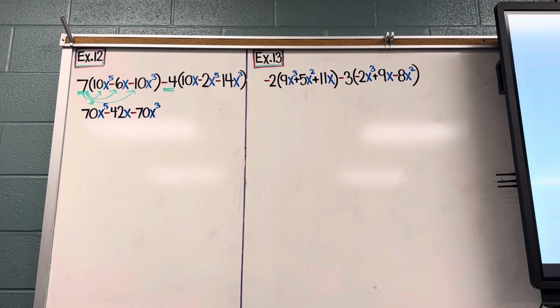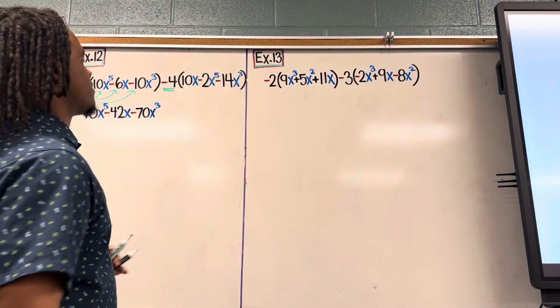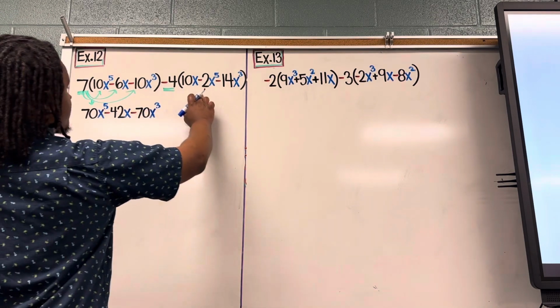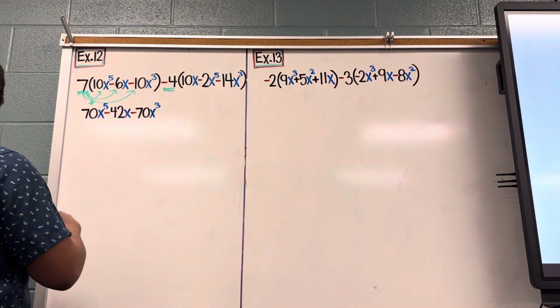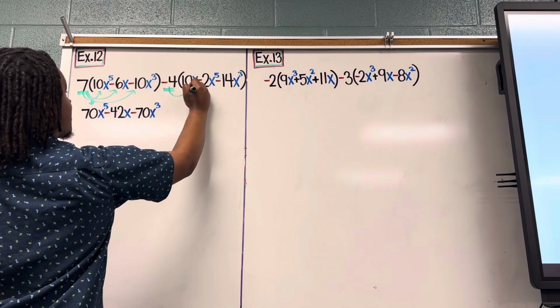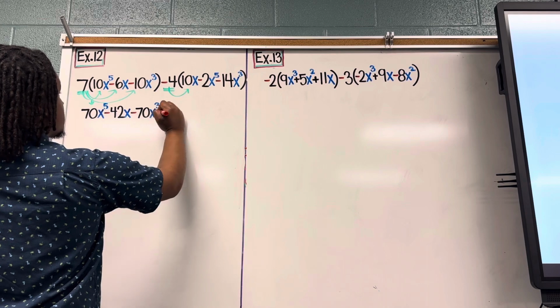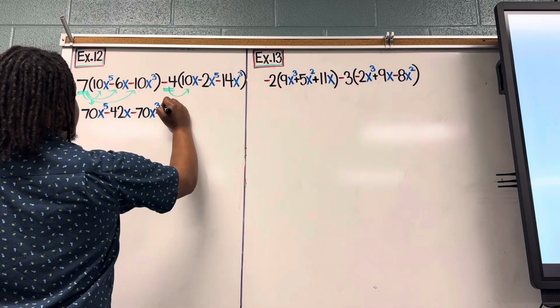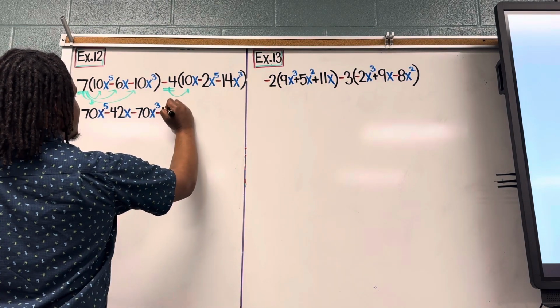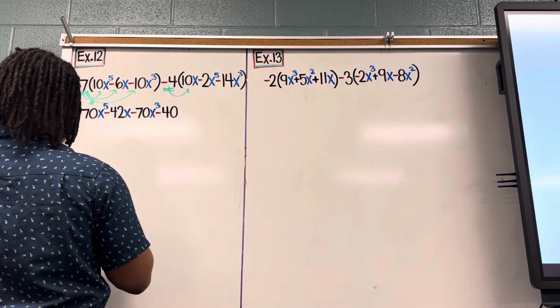Okay? The same thing that we must do, guys, for the second parentheses. Okay, we have to distribute by multiplying everything inside by -4. All right, so let's do that. So -4 times 10x is going to be a -40x. So I'm going to put minus 40x.